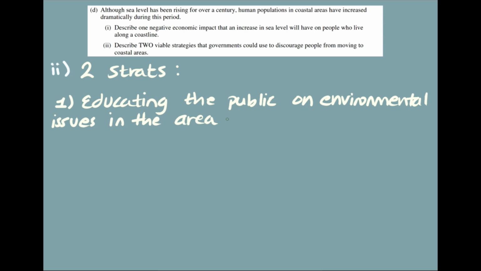So why is this important, what will this do essentially? Well, hopefully by educating the public on environmental issues, because again, we have to describe this, the outcome we would be looking for is to discourage movement to these coastal areas, through educating them, really showing them, hey, it's not in your best interest and it's not in the environment's best interest for you to live there.